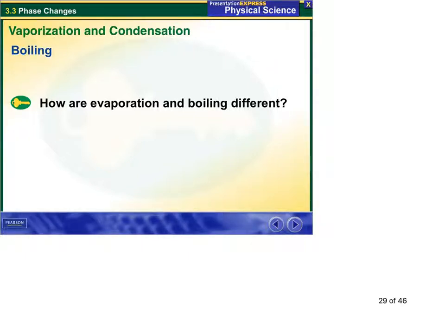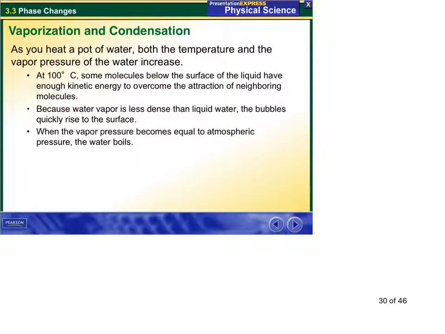And key question, how are evaporation and boiling different? At 100 degrees, some of the molecules in the water have enough energy to overcome the attraction between the molecules. Because water vapor is less dense, the bubbles quickly rise to the surface.